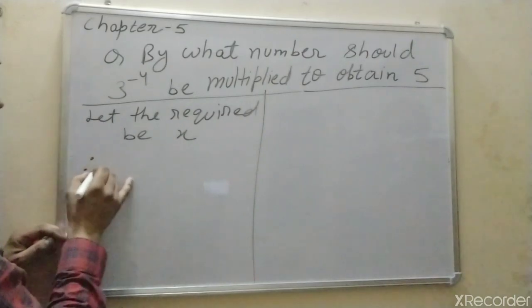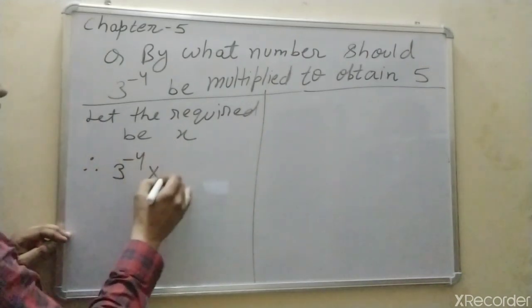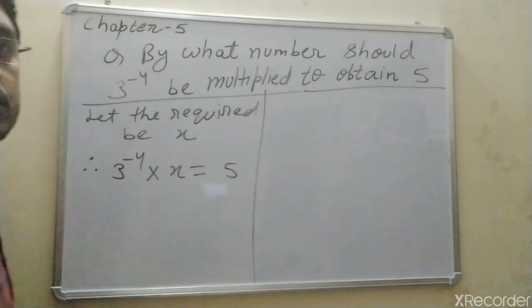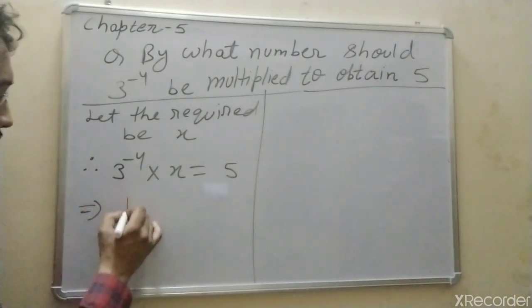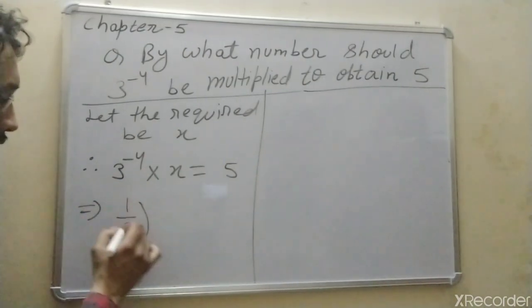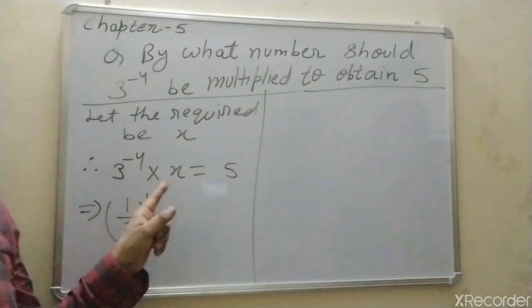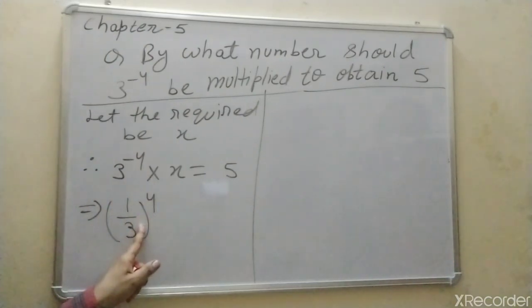Then according to the question, 3 to the power minus 4 into x is equal to 5. Now solve this. We can write 1 by 3 to the power plus 4. If you change the exponent sign, then the base becomes its reciprocal.